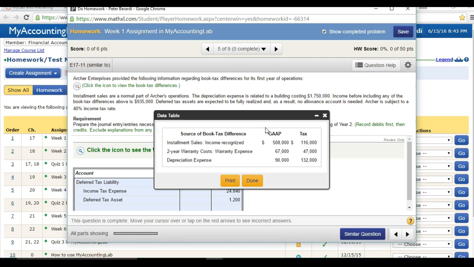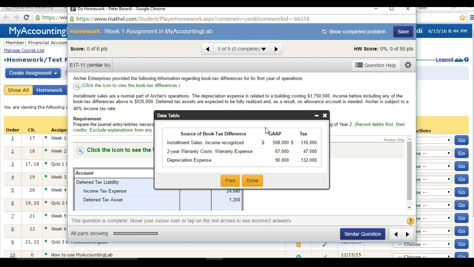Installment sales recognized under GAAP is $508,000. In taxes, $116,000. What's going on there is that installment sales, basically per GAAP basis, can be recognized as they're incurred. But for tax purposes, we could only recognize installment sales when we actually sell it, so it's on a cash basis. But on a GAAP basis, we can recognize the installment sale when we actually ship it.